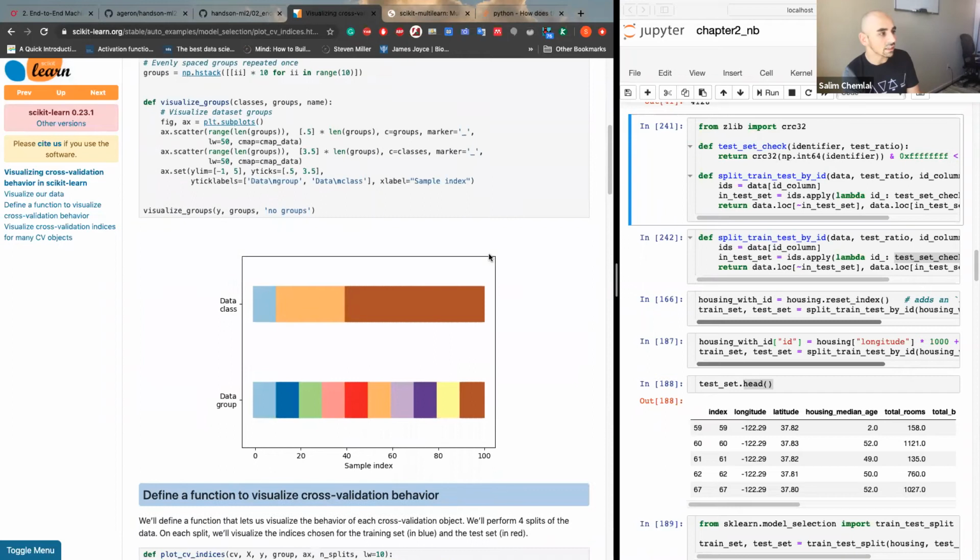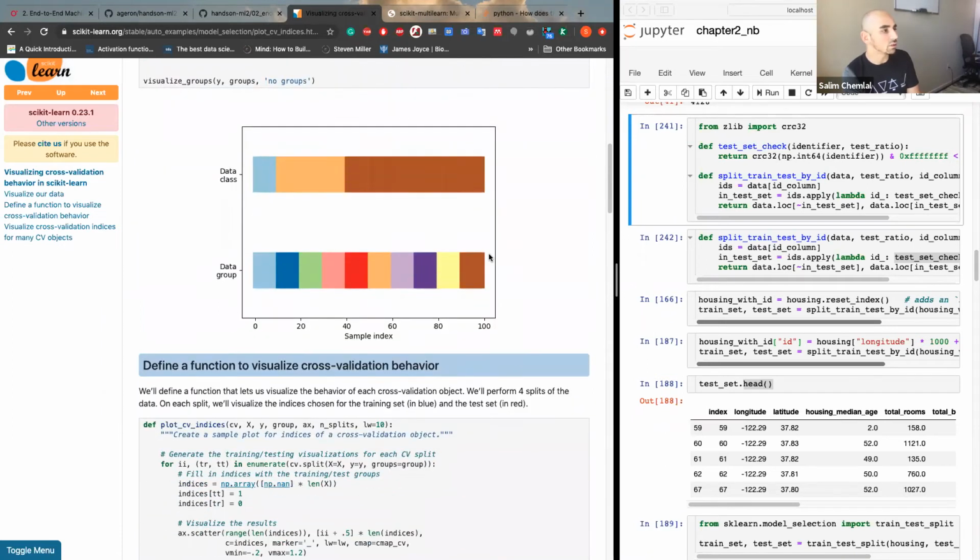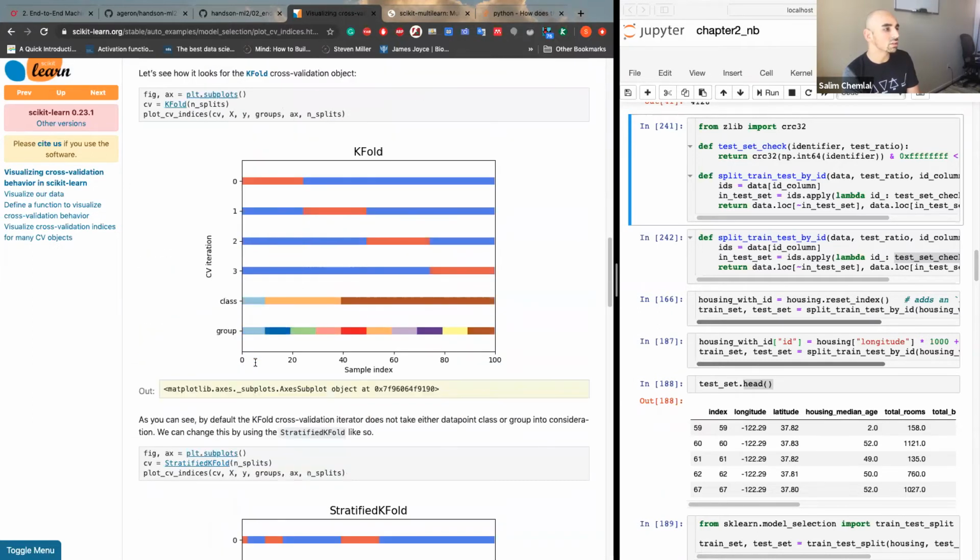In this page here, they give the data class, and then they give the data group. And then they say, okay, for k-fold, this is what happens. Here, we train on all this, and then we test here, and then we train on this, and then we test here, right?